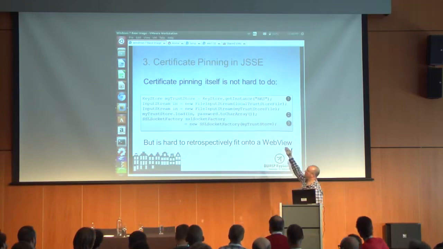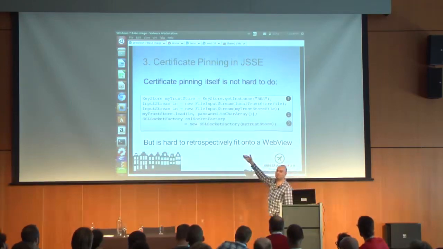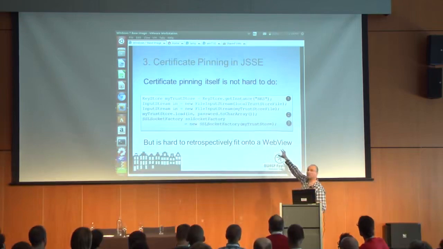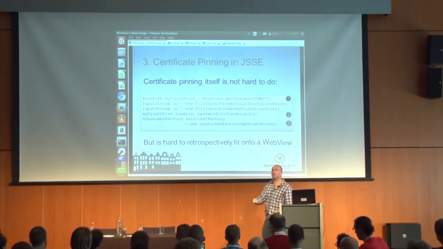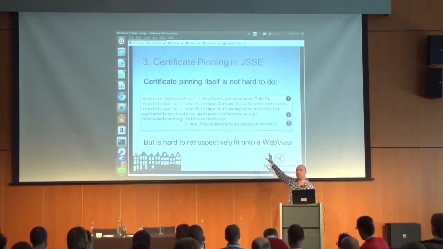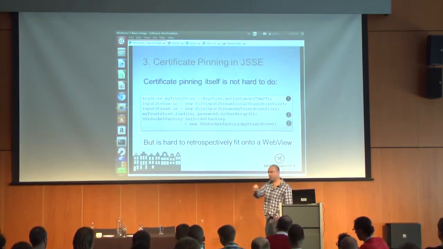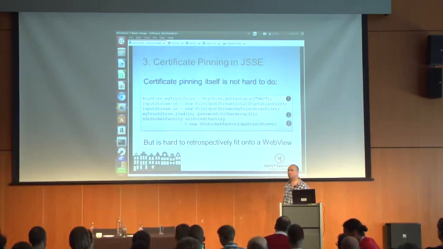You load it and give it to the socket factory, and you can use that socket factory to create your own SSL sockets, and that will use your certificate trust store. So the server needs to give you a certificate that's in that trust store, and it'll do the right thing. Good. It's safe now in the trust store.